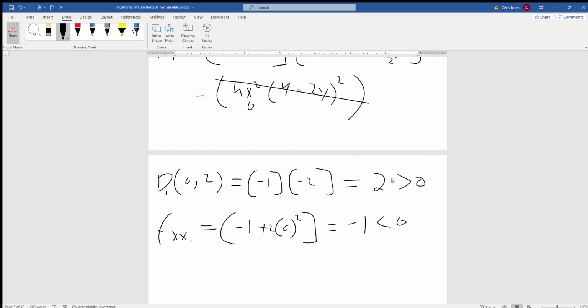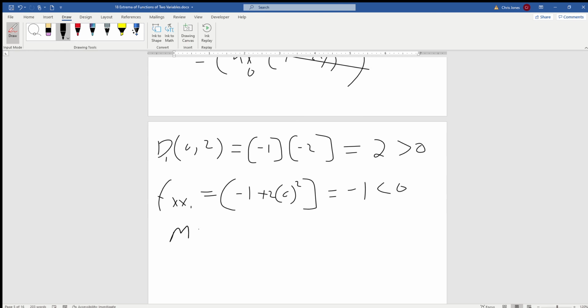So finally, what that means is that we have a max at the point 0, 2.